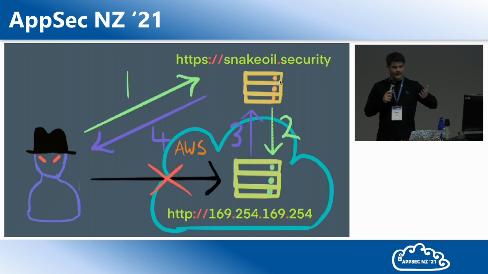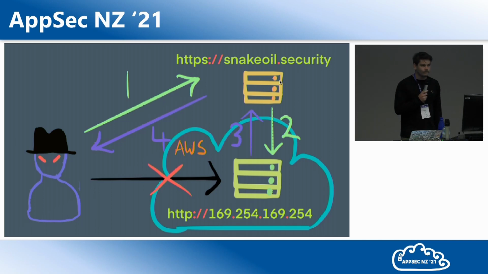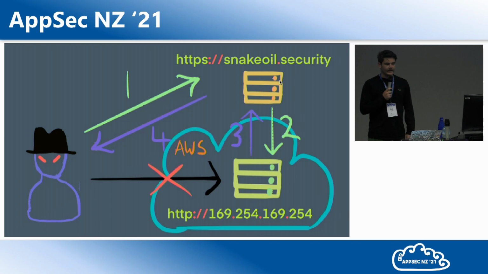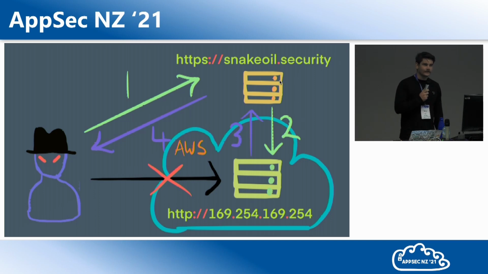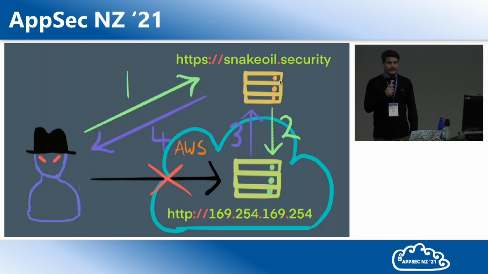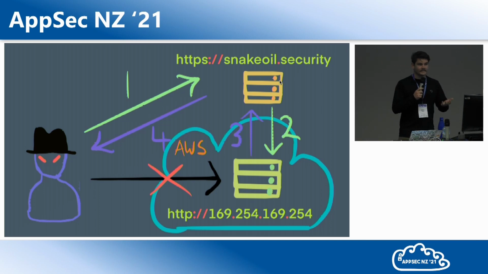And so in the context of the cloud, this gets a bit more interesting, because that internal server is a metadata endpoint, and if anyone's familiar with AWS, those metadata endpoints can give you some nice credentials. And if you're also familiar with AWS, you'll know that identity access management is hard.